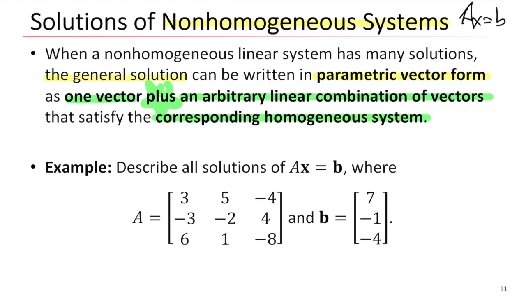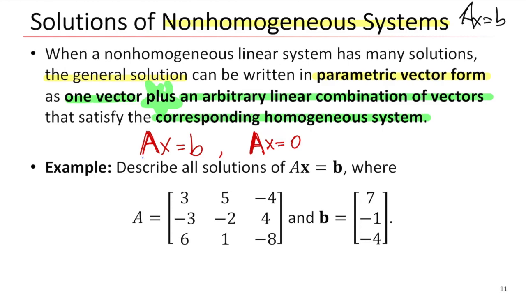What does it mean? Let's say we have Ax equals b, the non-homogeneous system that we want to solve. Then we have a corresponding homogeneous system like this, because the matrix A is exactly the same as this one.